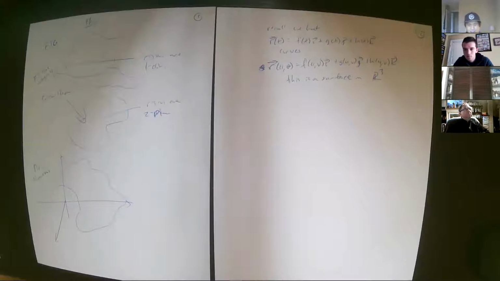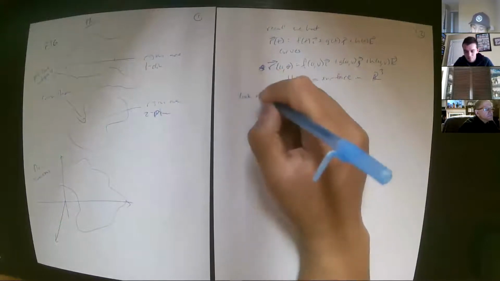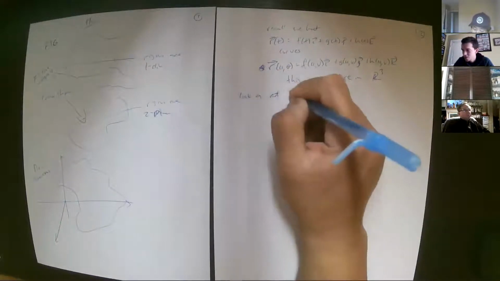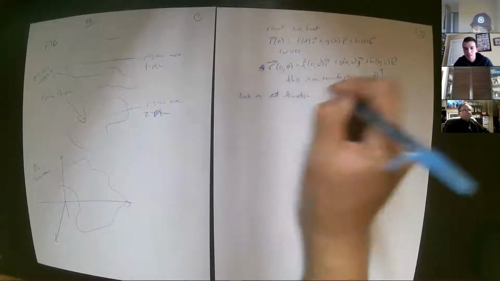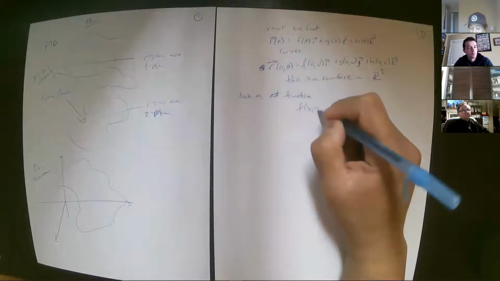Okay? Any questions about the object we're looking at here? No? So I'm going to say we're very familiar with this already, but let's look at a function. We have a function that says f of x, y equals z.